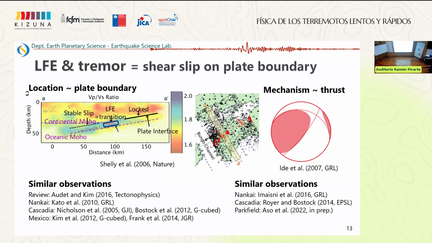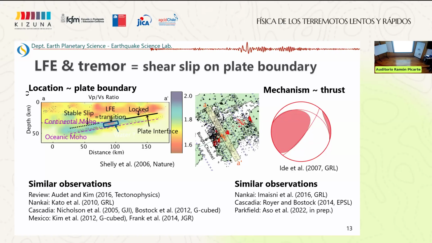So we interpret that low frequency earthquakes occur on the plate interface here, between the continuously sliding deep plate interface and the locked shallow plate interface. Between these locked and continuously slipping regions, we observe low frequency earthquakes. It is a kind of partially locked part of the plate interface.